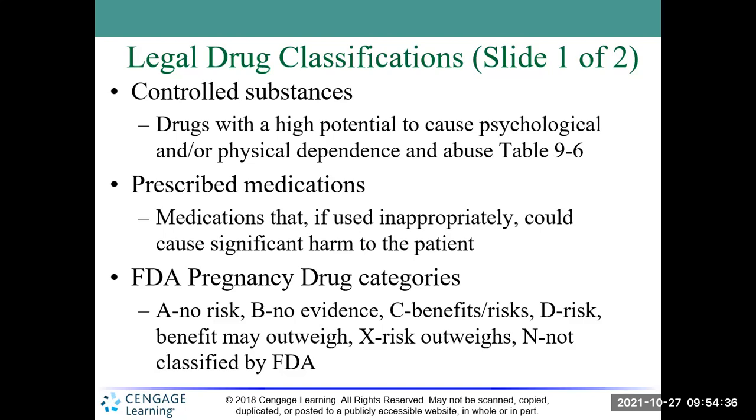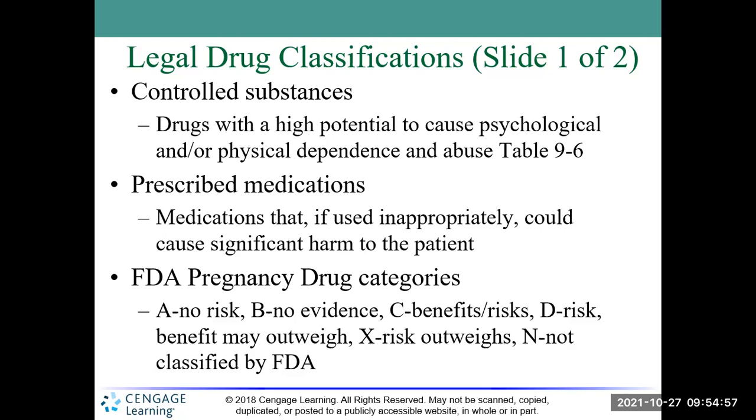And then there's the FDA pregnancy drug category. So in this, it's saying for each medication, what's the risk of it causing harm to a fetus? And class A, there's no risk that has been found, and these are all well studied.